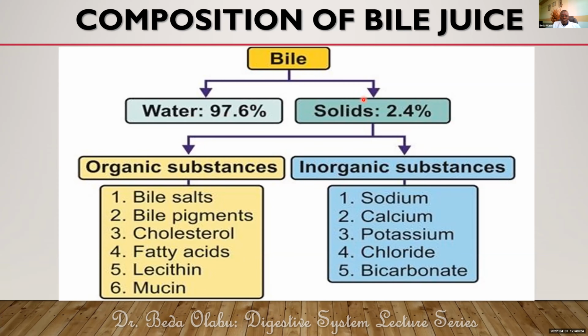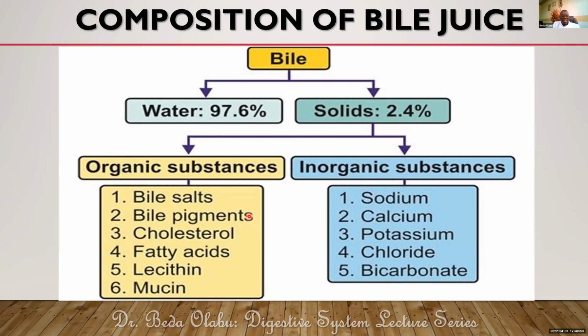The solid component can be classified into organic and inorganic. Of the inorganic ones, you can see quite a number, but importantly, I want you to pick calcium, which is excreted through bile. The major form in which the body excretes calcium is bile, but also bicarbonate. And that bicarbonate is important in neutralizing the chyme from the stomach.